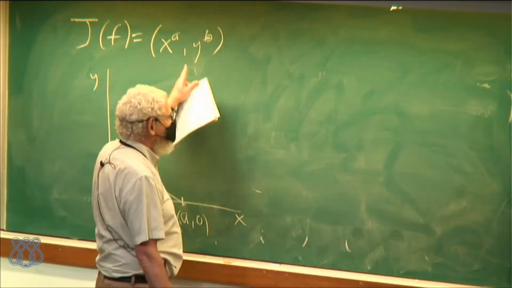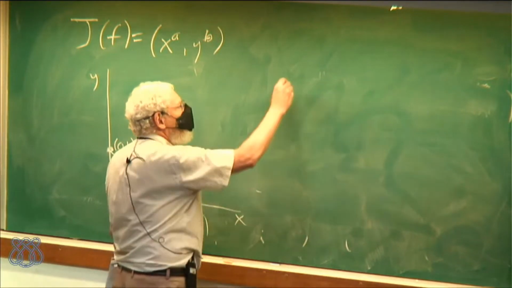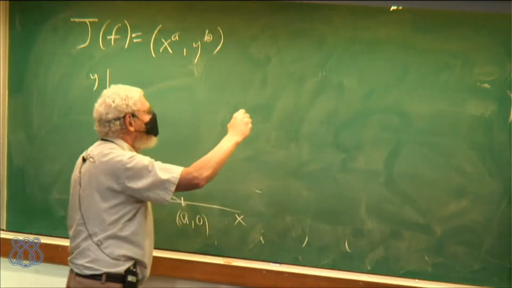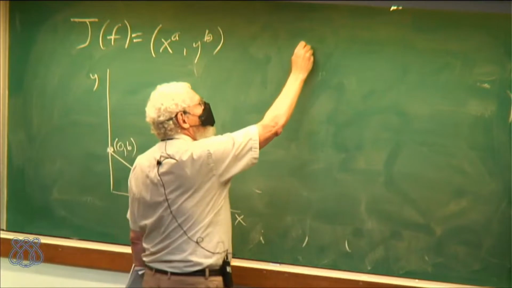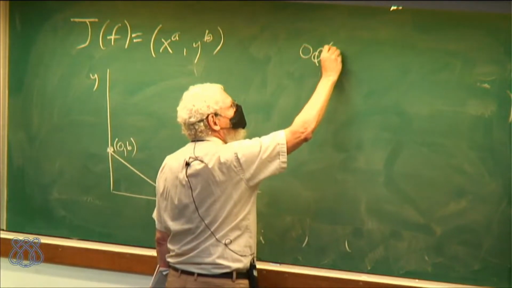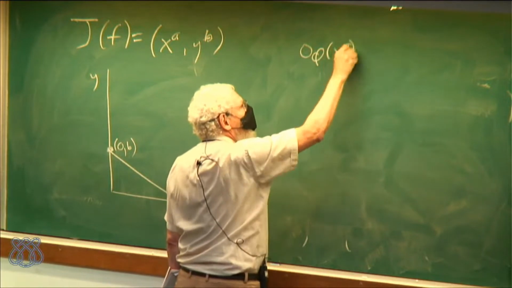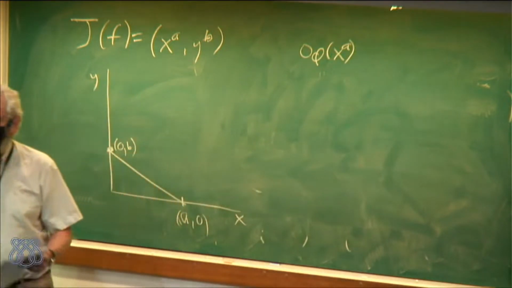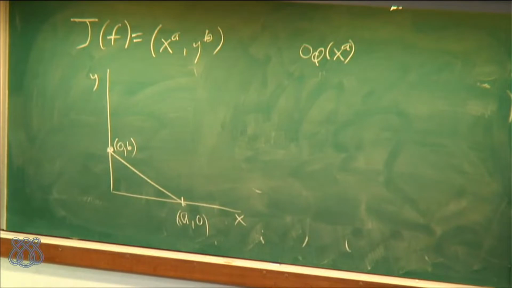Now, one thing I recognize is that if I want to calculate the order of phi of a monomial like x^a, this is the same thing as calculating the order of x^a with respect to the initial parts of phi.